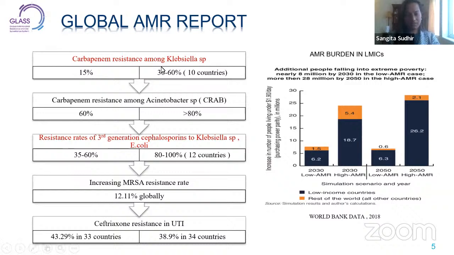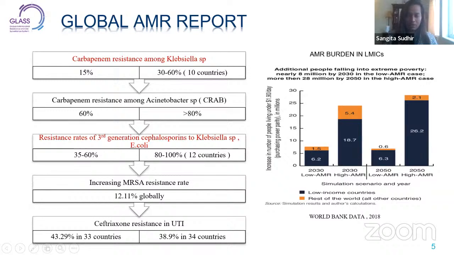As you can see from this global antimicrobial resistance surveillance data, the carbapenem resistance among the commonly seen Enterobacteriaceae like Klebsiella is very, very high, especially in the low middle income countries. It's around 30 to 60%, whereas the resistance rates to the third generation cephalosporins are around 80 to 100% among these low middle income countries. And this is actually a very huge burden that should be taken care of.